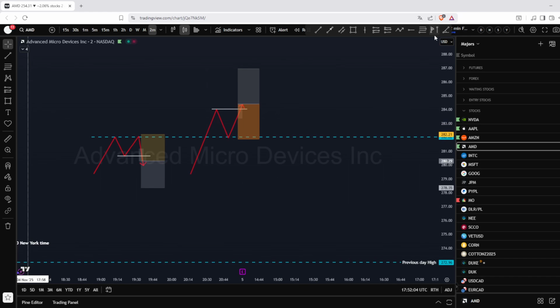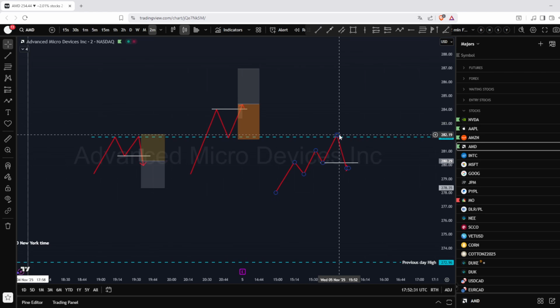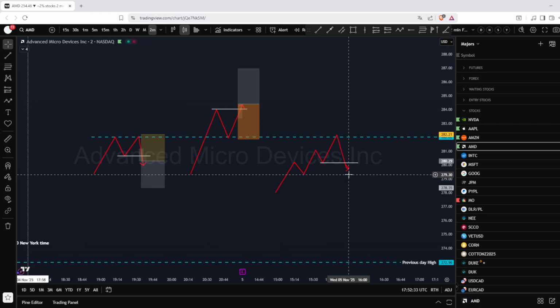Another valid pattern is when the market is creating structures, it hits the key zone, our previous day high for example, and it reacts really aggressively, directly breaking the last structure, like a fast bearish reaction.